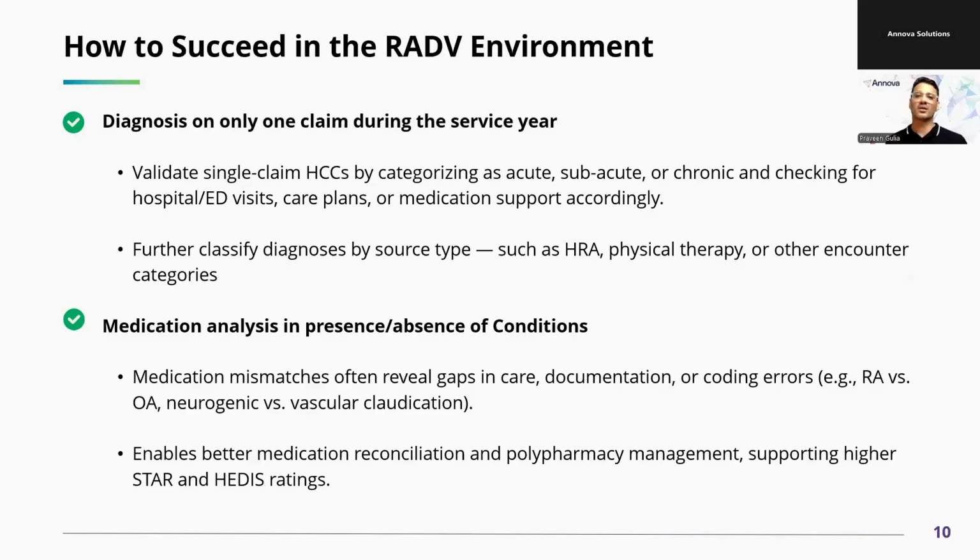You are improving the overall performance of your health plan if you're working on medication. Medication data analysis is a gold mine. We have to understand the importance of it, because we are dealing with members suffering from chronic conditions on long-term medications. You can find unbelievable patterns from the medication data alone.